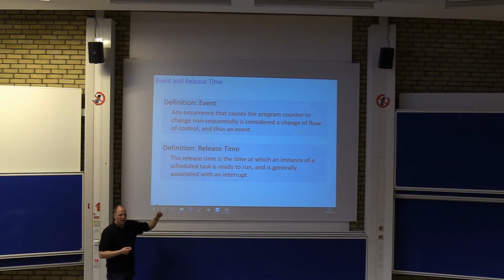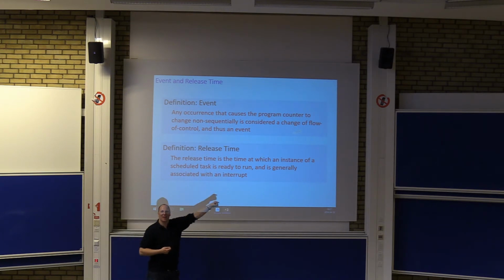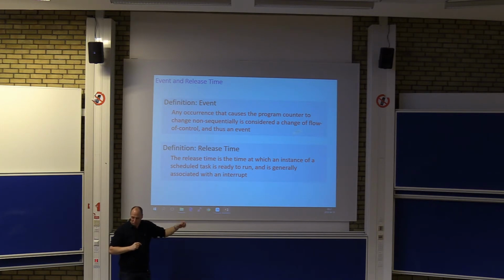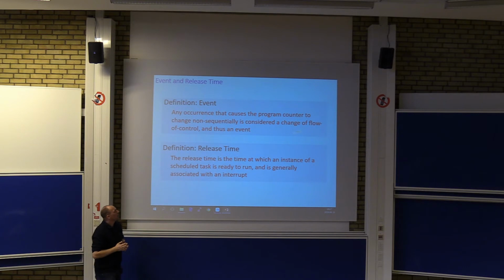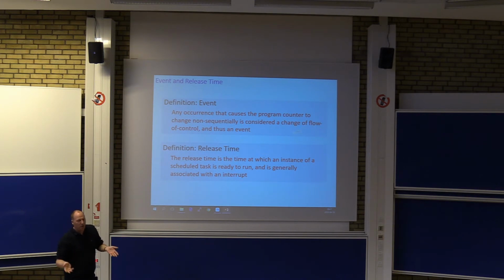We set it up to execute this piece of code, implementing the control algorithm, every 5 milliseconds. Then the control code will be associated to the interrupt, and we can think about that as a periodic event.